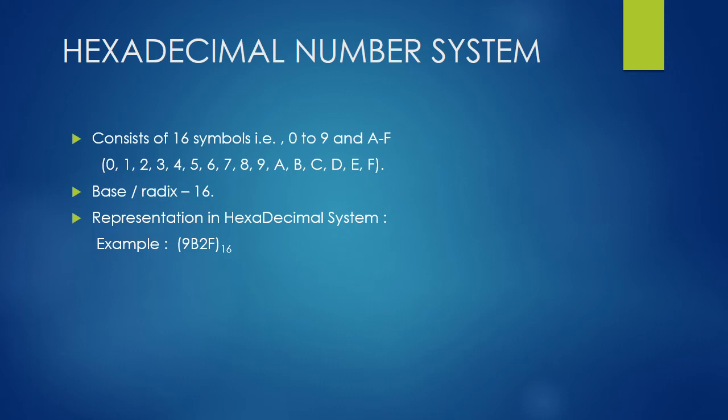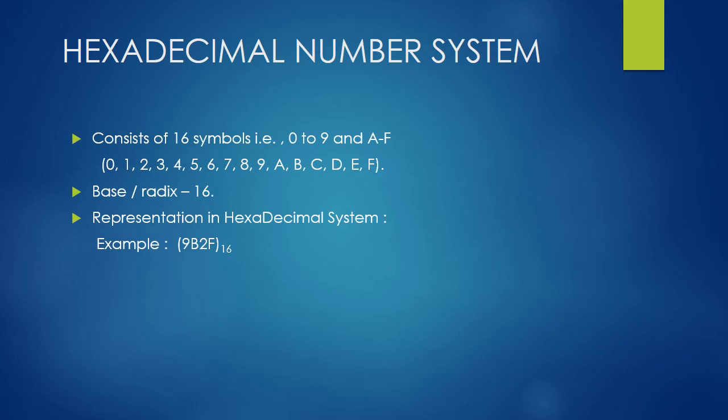So altogether there are 16 symbols used in hexadecimal number system. And since there are 16 symbols, the base or radix of hexadecimal number system is 16.